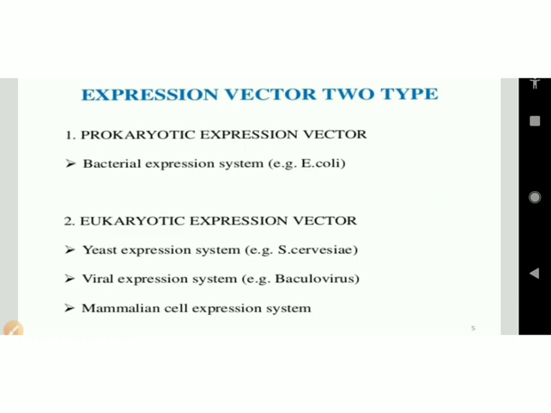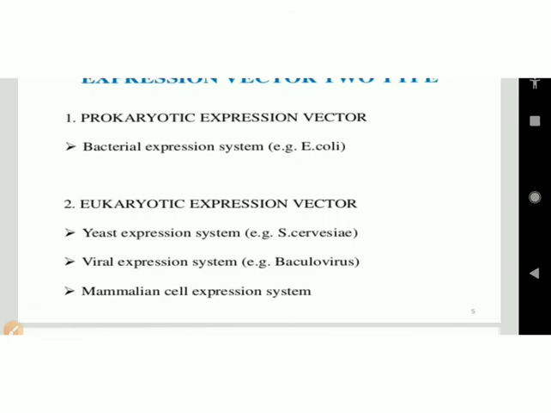In the prokaryotic expression vector, the bacterial expression system is present in E. coli cells. The next one is the eukaryotic expression vector, present in the yeast expression system, that is S. cerevisiae. Next is the viral expression system, that is Baculovirus, and last is the mammalian cell expression system.